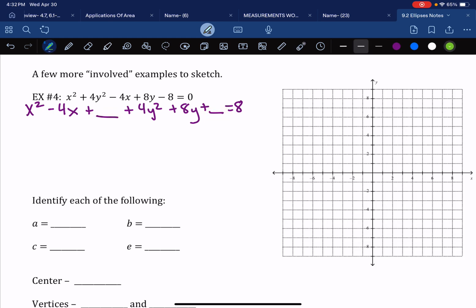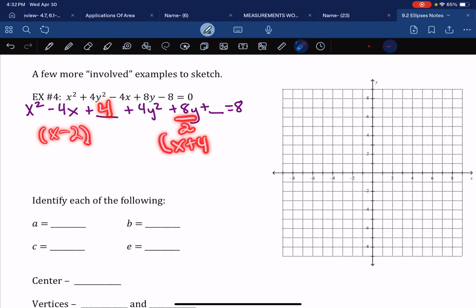So if I do -4 divided by 2, I get -2 and then negative 2 squared is 4. If I do 8 divided by 2, I get y plus 4. 4 squared is 16.